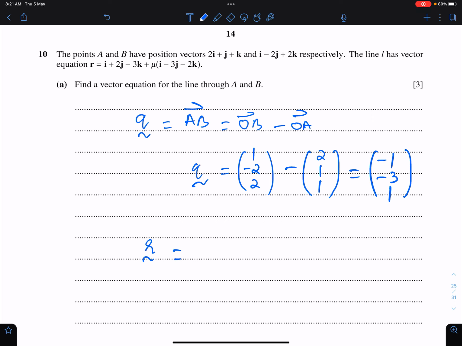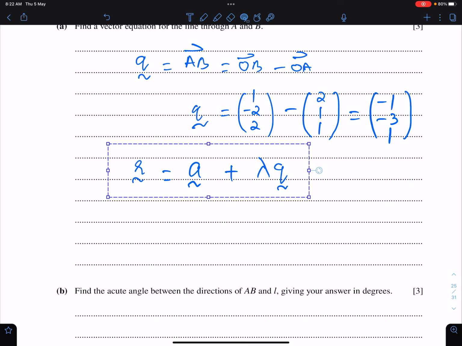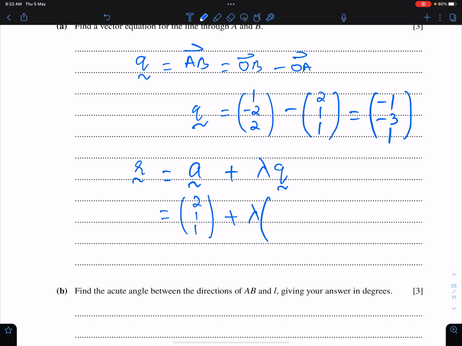Well, I'm using point A. So point A is 2, 1, 1, plus lambda, and Q is minus 1, minus 3 and 1.